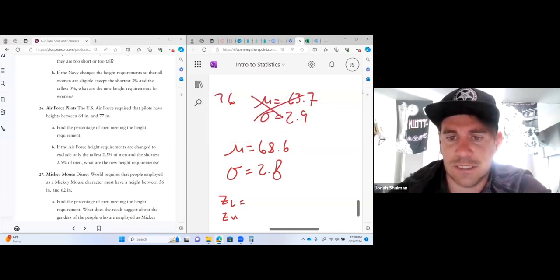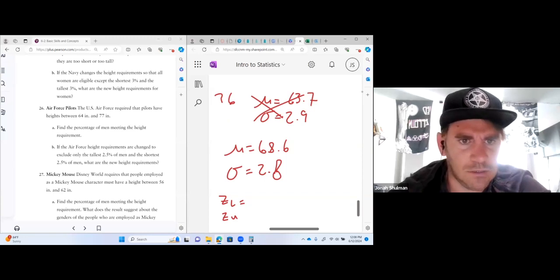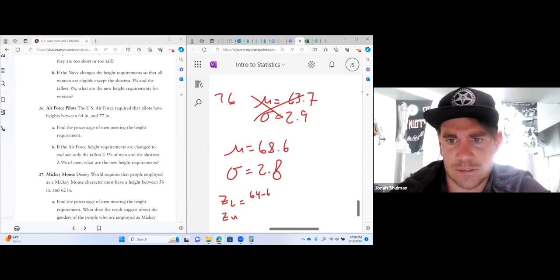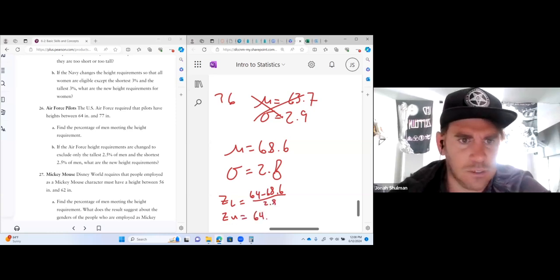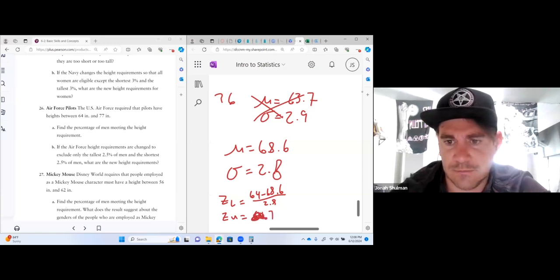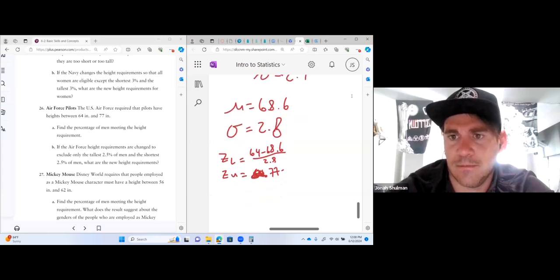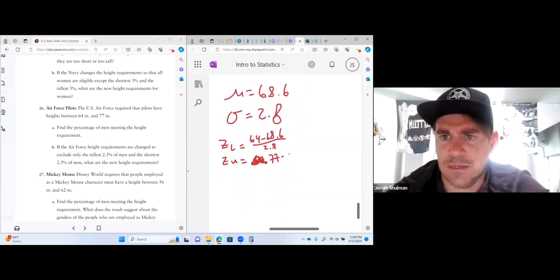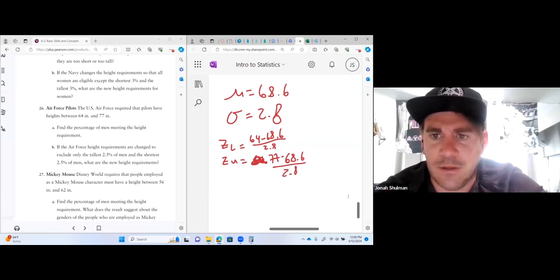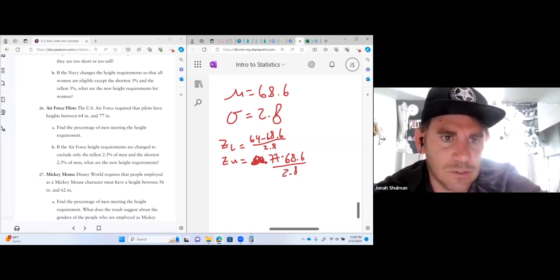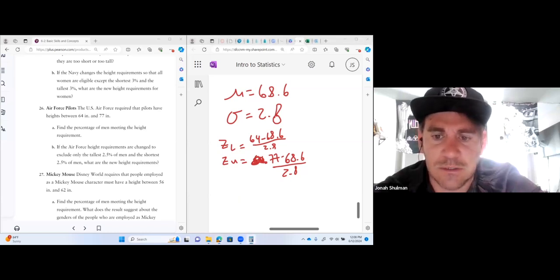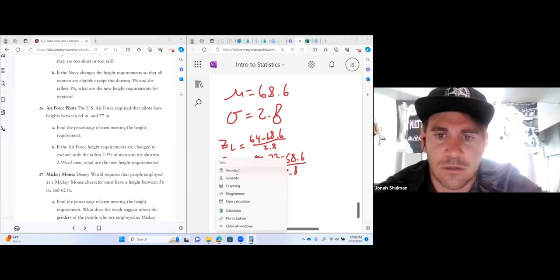The lower one is going to be 64 minus 68.6 over 2.8, and the upper is going to be 77 minus 68.6 divided by 2.8. Now these two z-scores are going to give me the range to show me the percentage of guys meeting this.